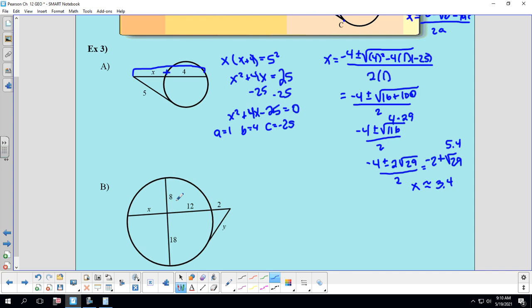All right, look at this crazy monster here. We are going to find x and y. We're going to use the segment addition to find the two little pieces. Let's go ahead and find x first because it's going to be the easiest. So we have x times 12 equals 8 times 18.